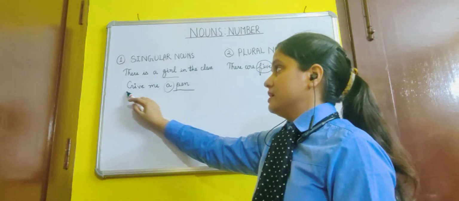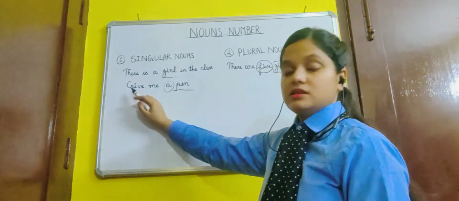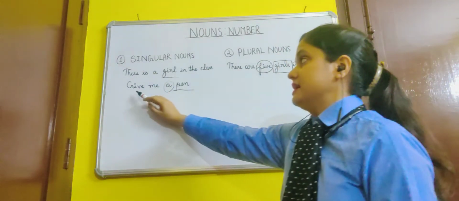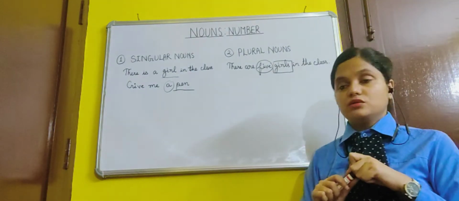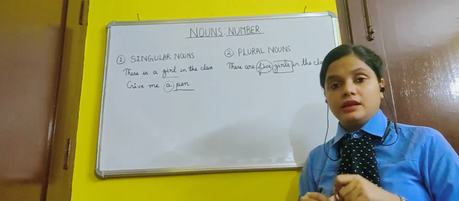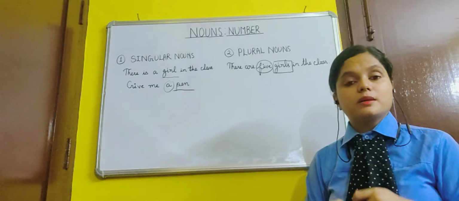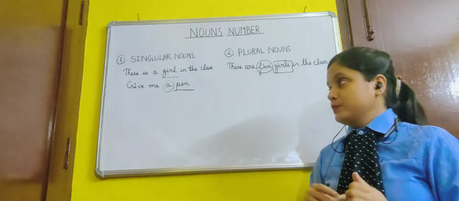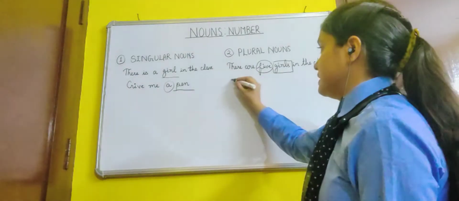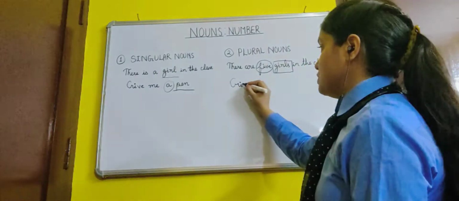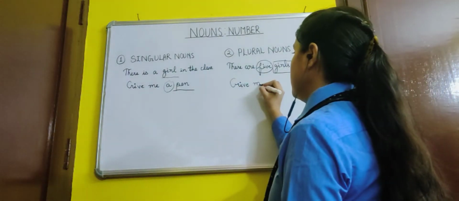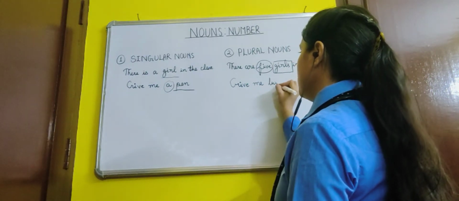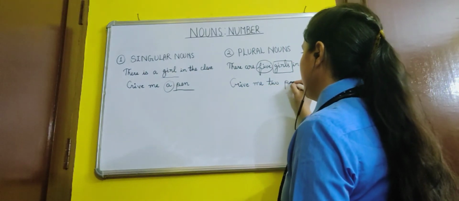In the first example, in the example of singular noun, I said, give me a pen. But if I want to ask for more than one pen, what will I say? Suppose I want 2 pens. So I will say, give me 2 pens.